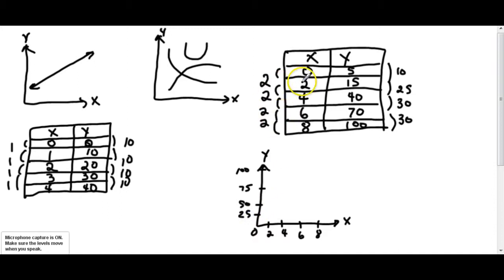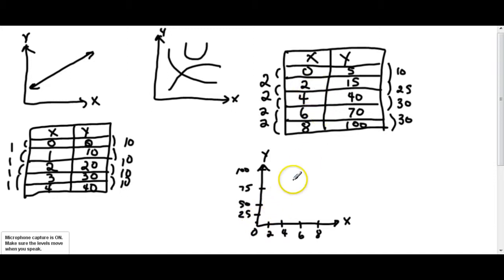I go to my first coordinate, which is 0 and 5, so x is 0, and it's going to start right there at 5. So already I know that it doesn't start at 0, 0 at the origin, it starts at 0 and 5, so I know that's a partial linear relation.